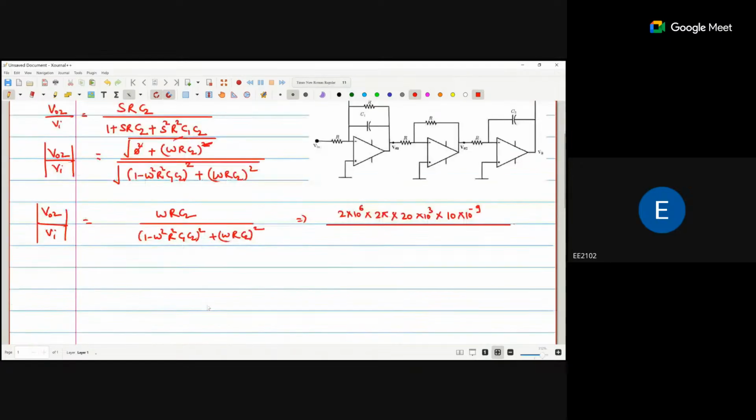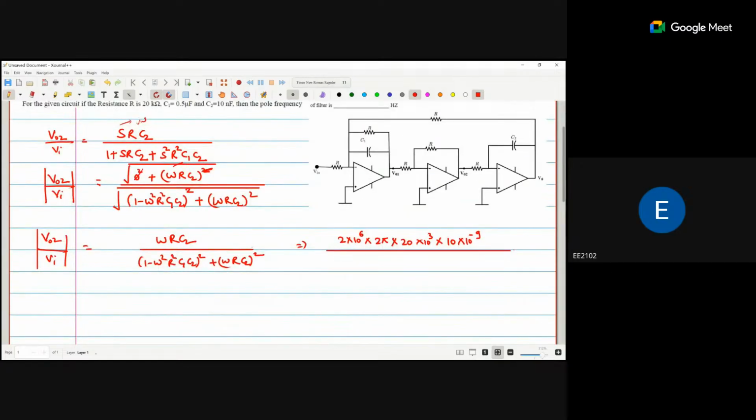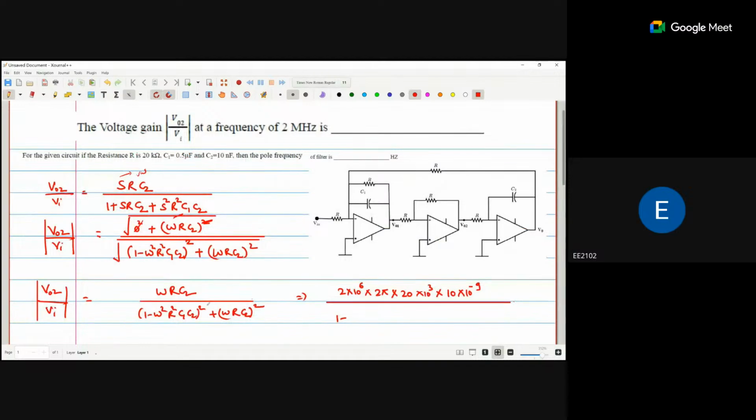Divided by 1 minus omega square. Omega square is 4 pi square into 4 into 10 raised to the power 12, into R square 400 into 10 raised to the power 6, into C1 which is 0.5 and this is 10.